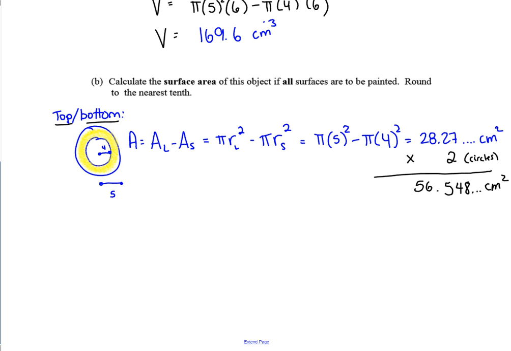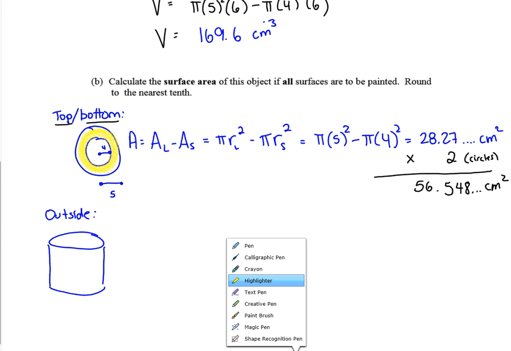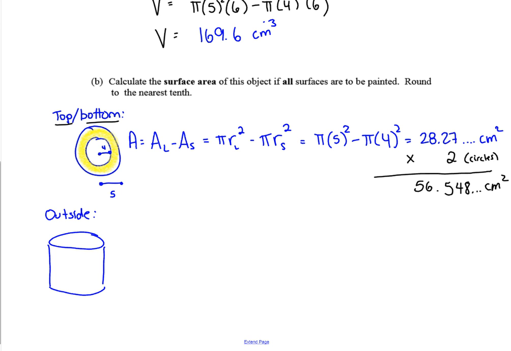Now, what else is exposed area? The outside of the cylinder. So there's the outside, and then we're going to need the inside. On the outside of the cylinder, we're just talking about specifically the rectangle that's formed. Where's my crayon? Here it is. So just the side portion here, this rectangle when you open it up. Just this side.